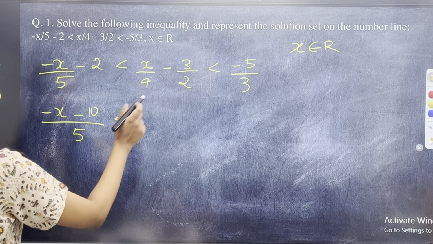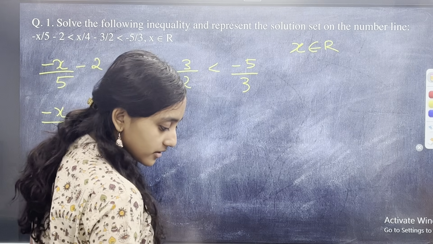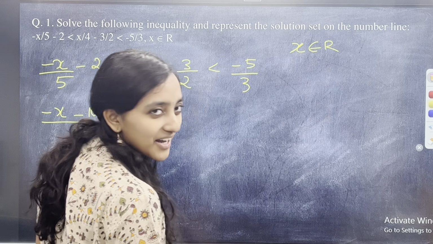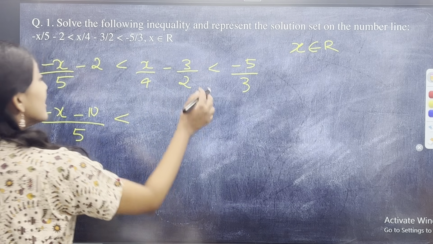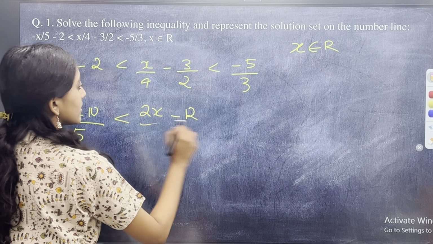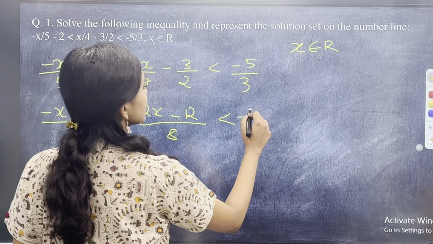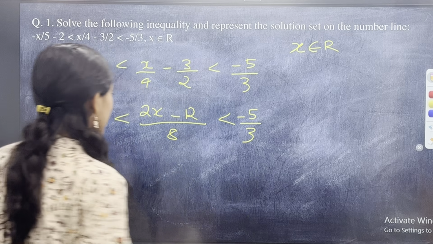Just cross multiply and multiply the denominators. That is the standard operating procedure which I want you to follow. 2x minus 12 divided by 4 2s are 8 is less than, यहाँ पे एक ही term है तो बस एक ही term लिखना है. Right?